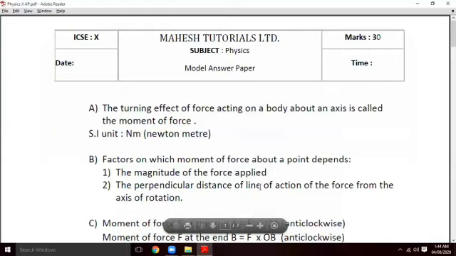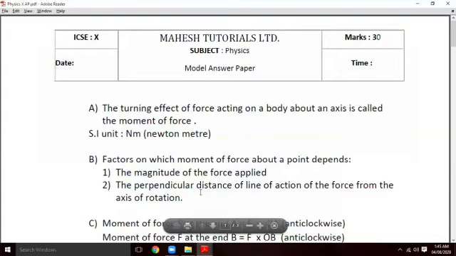That is, you need to mention distance between the line of action, or you can also say point of application of force to the axis of rotation. So from and to has to be clearly mentioned. If you have mentioned both the points with all the required words very correctly, then please give yourself a 2 mark.